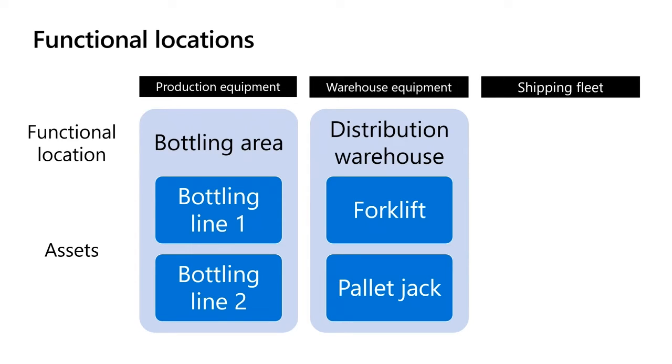We don't necessarily need to track the forklift moving to all the different locations within the warehouse. We just want to know what warehouse it's in, first, so we can make sure we have the right maintenance workers assigned to it, and 2, so that we can procure spare parts inventory to the appropriate warehouse to perform maintenance activities on our forklift and pallet jack.